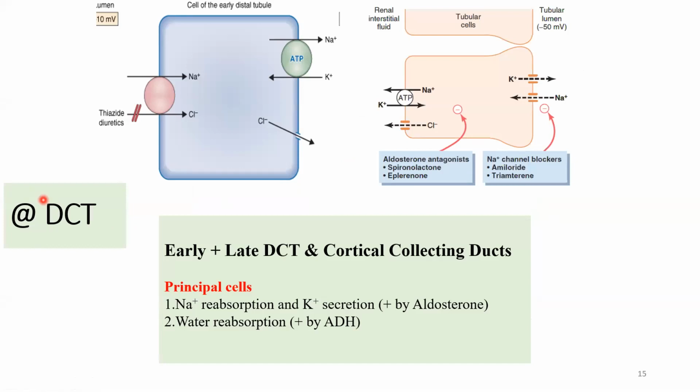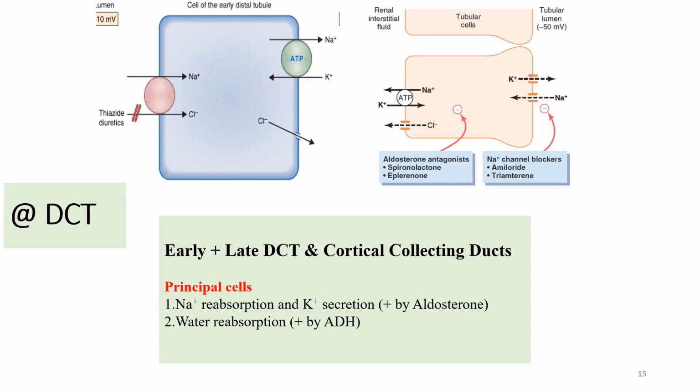Again, if you do not understand the link between ECF volume, GFR, angiotensin 2, and aldosterone, you are referred back to the lecture that discusses tubuloglomerular feedback under GFR regulation. Please first try to understand that and then come back to the slide.